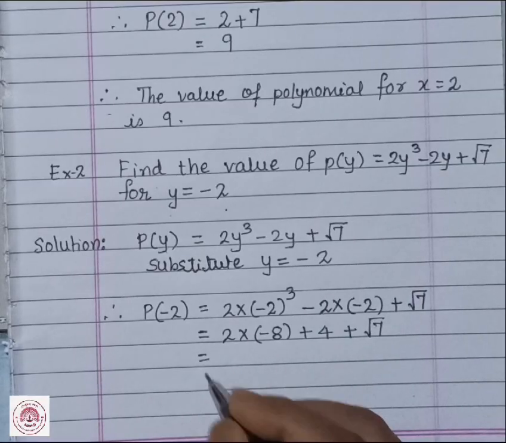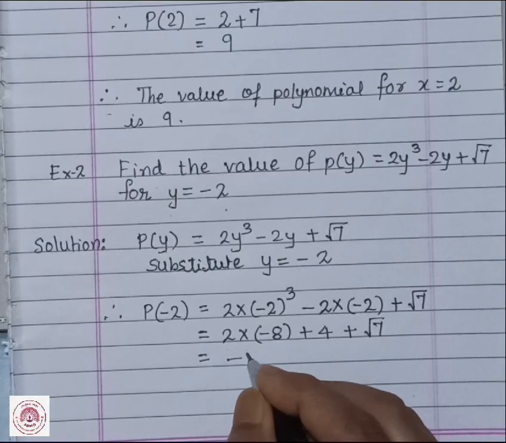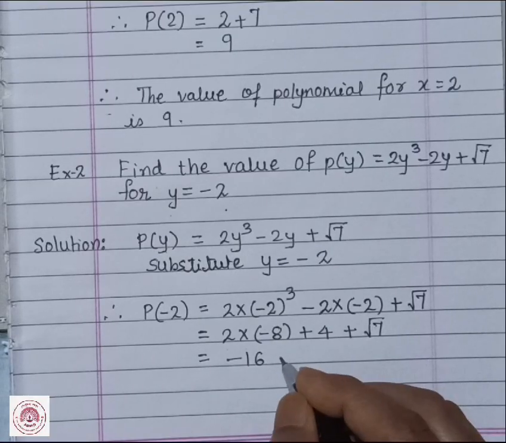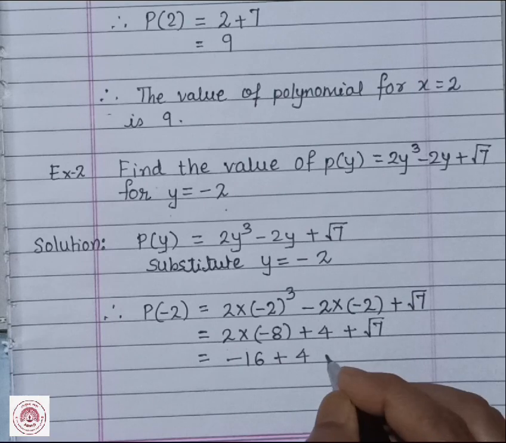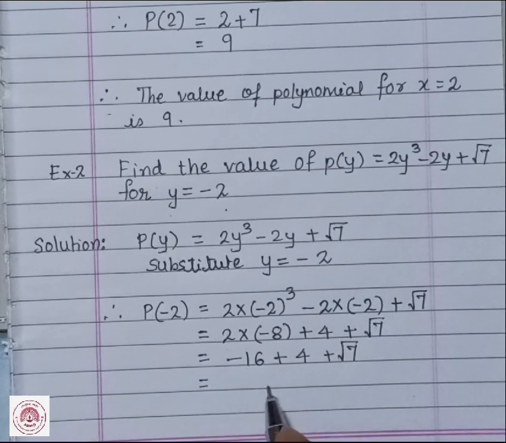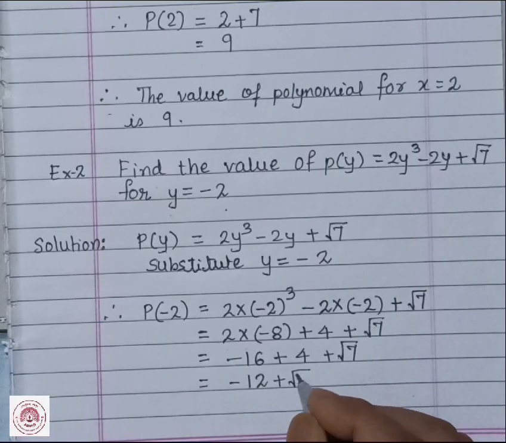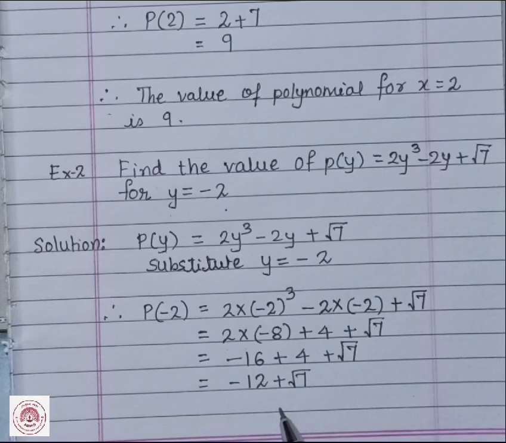So this is equal to 2 multiplied by negative 8 is negative 16, plus 4, plus root 7. Now negative 16 plus 4 is negative 12, then plus root 7 as it is. So this is the value of the polynomial for y equals negative 2.